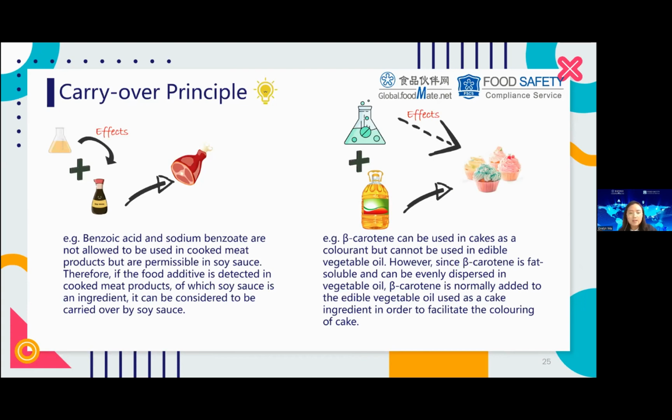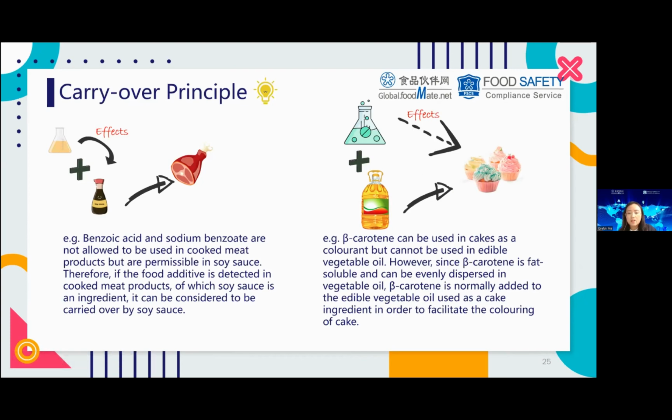And another situation is when a food ingredient is used in the production of the specific final product. In such case, food additives for the final product can be added to the food ingredients, even if a food additive may not be allowed or have any effect in the ingredient itself. It can be added under the carryover principle. And for example, you can see the right example here.